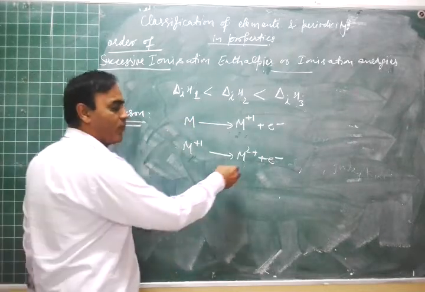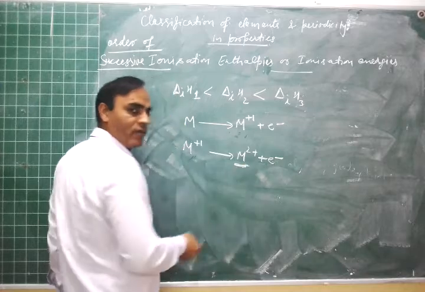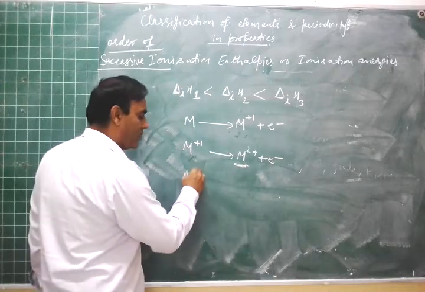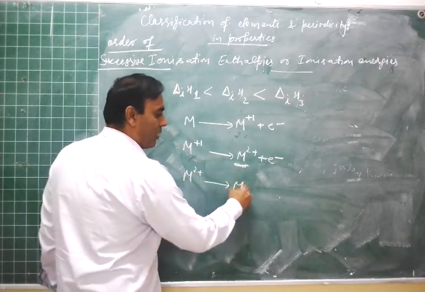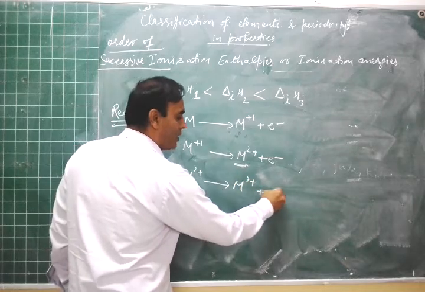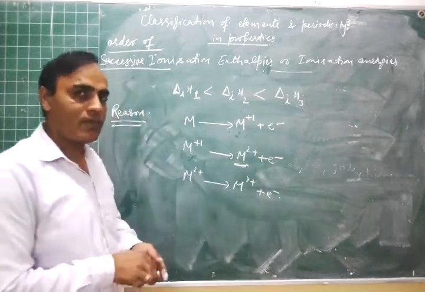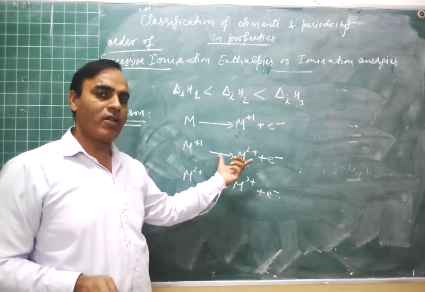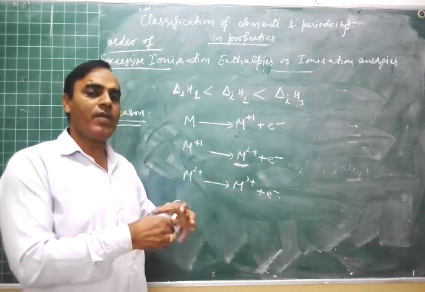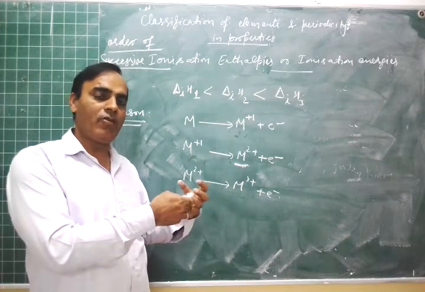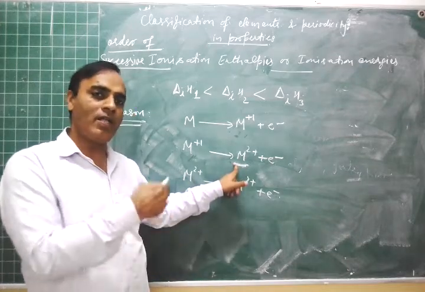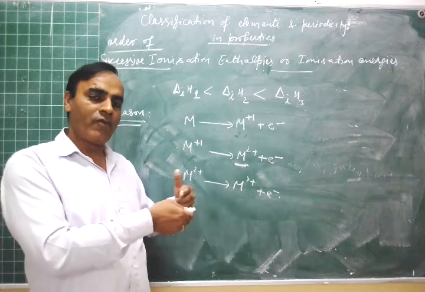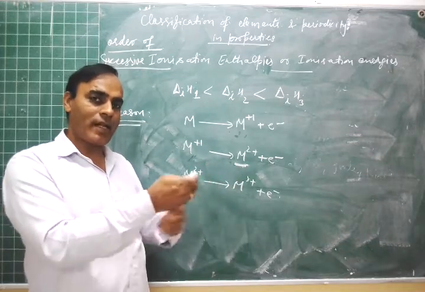Similarly, if we want to remove the third electron, now it has 2+ charge, that is, more effective nuclear charge. More effective nuclear charge means more force of attraction between the nucleus of this ion and the remaining electron. We know that nucleus and electrons attract each other.